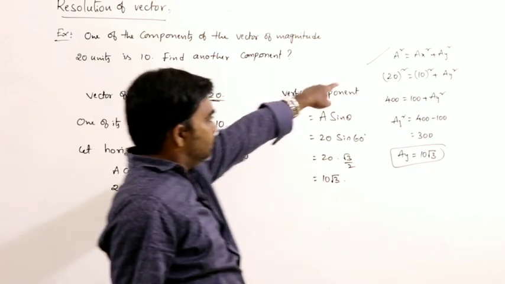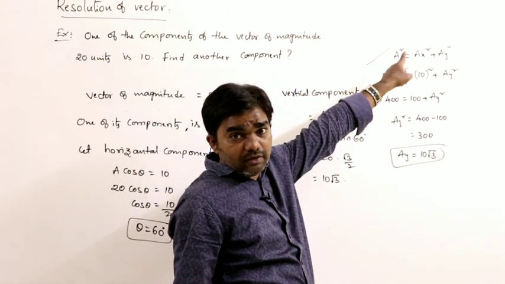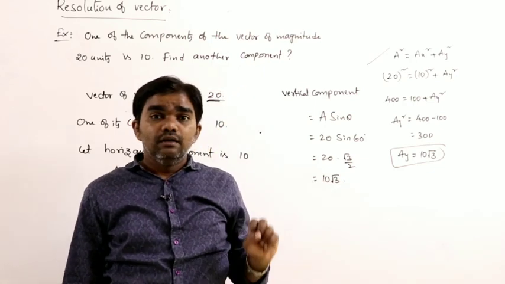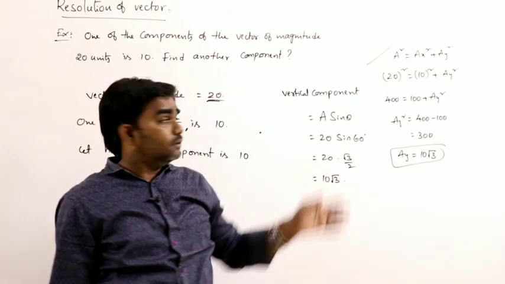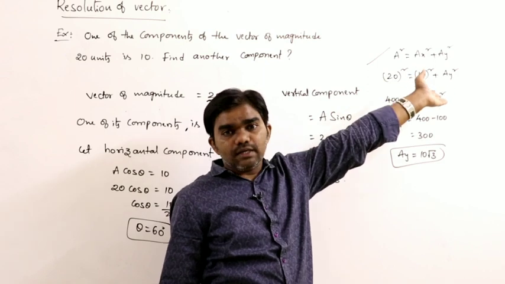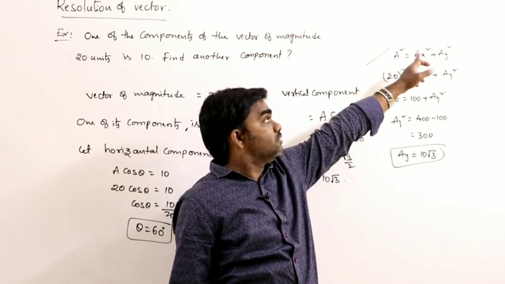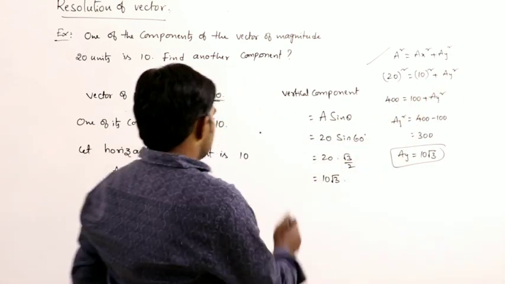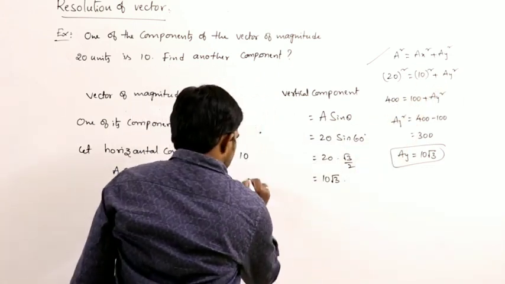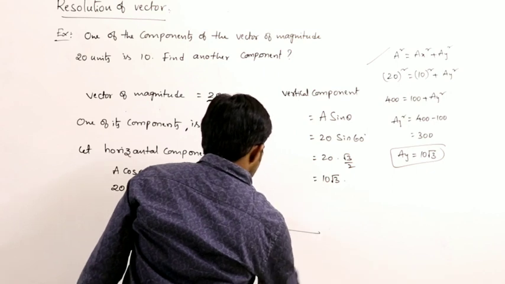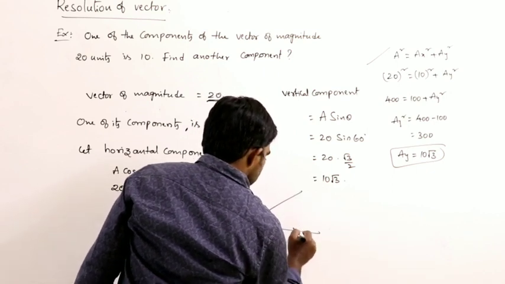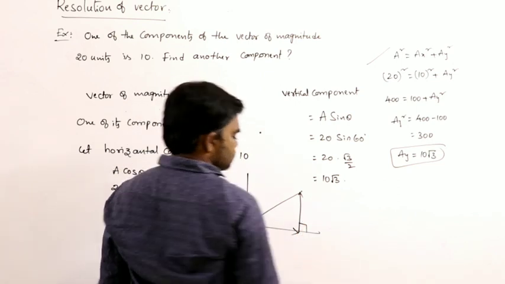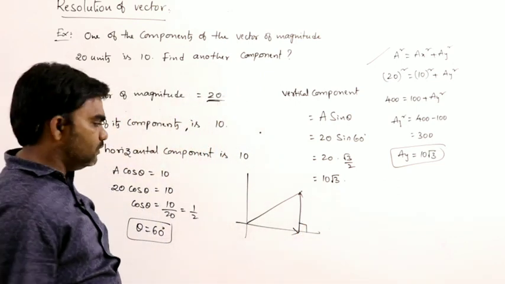Simply, if any vector is divided into two components, those two components must be perpendicular, so we can apply the Pythagoras theorem. See here, in resolution of vectors, let us say this is the vector, this is the horizontal component, and this is the vertical component. The angle between these two must be 90 degrees.